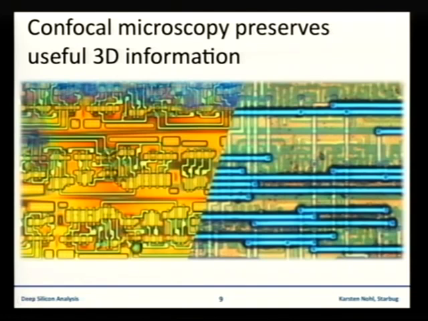If you have only 2 interconnection layers, you don't really need to polish down to those layers if you have a confocal microscope, but they are still more expensive and not very easy to use.